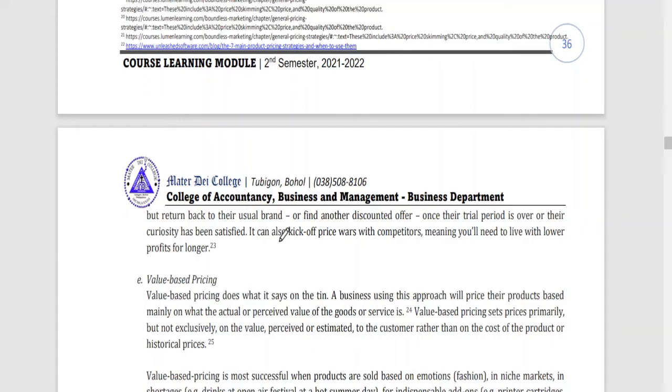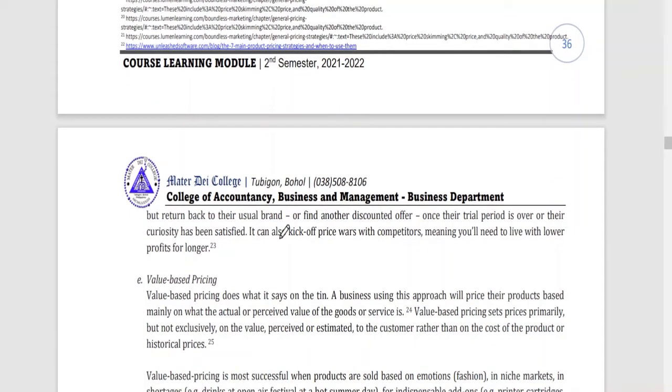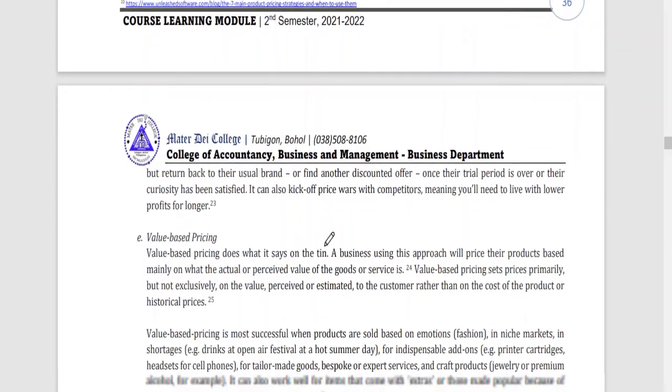So kung na exhaust na nila o na enjoy na nila tong imong low price, mabalik na po din sila eventually sa ilahang usual na brand. It can also kick off price wars with competitors, meaning you'll need to live with lower profits for longer.